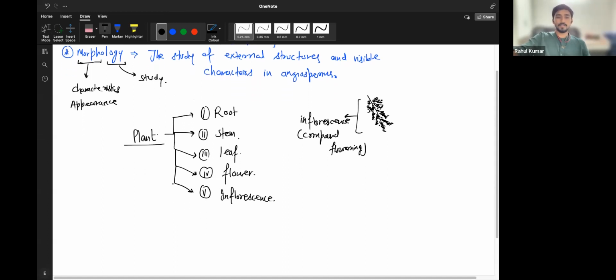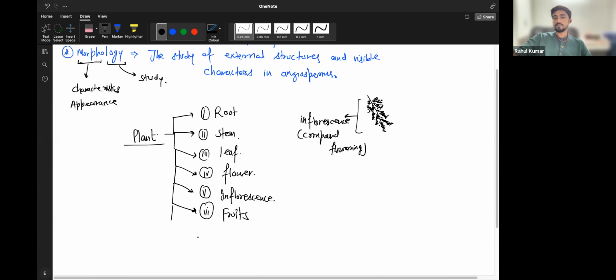Apart from that, what else are the parts that you have seen? Have you not seen a fruit? Flowering plants also have fruits as external structures, right?